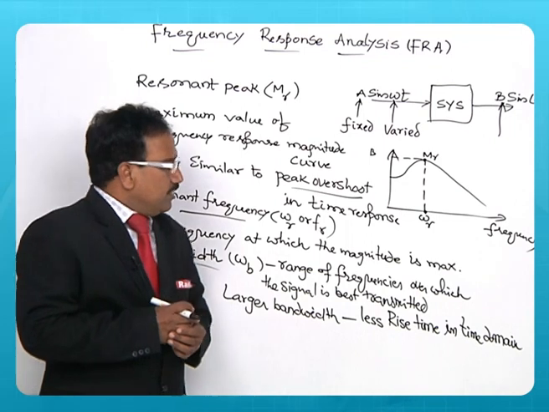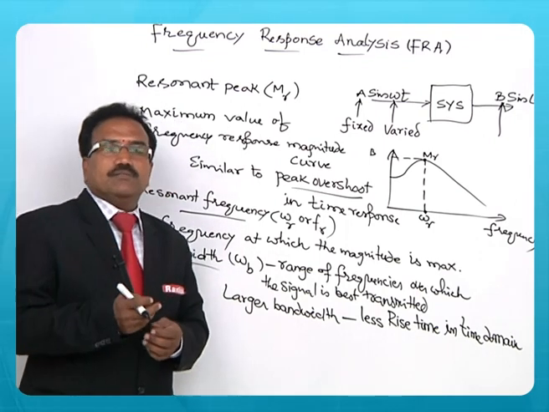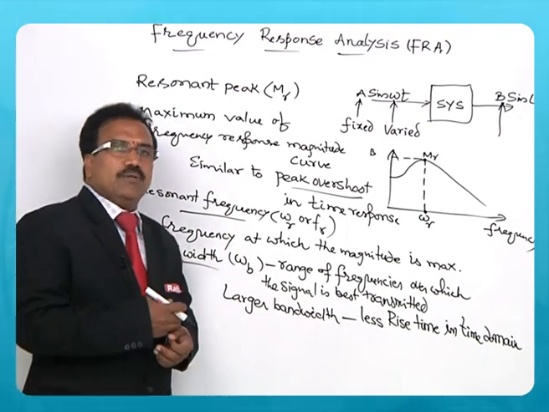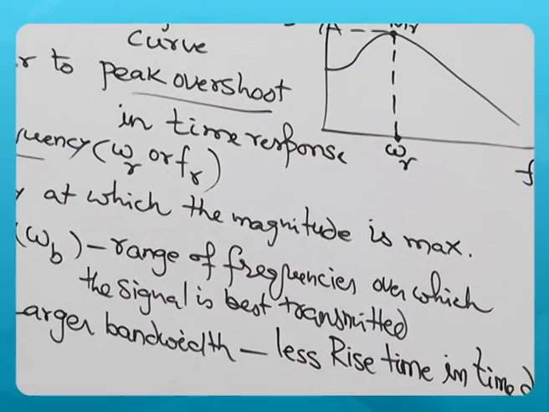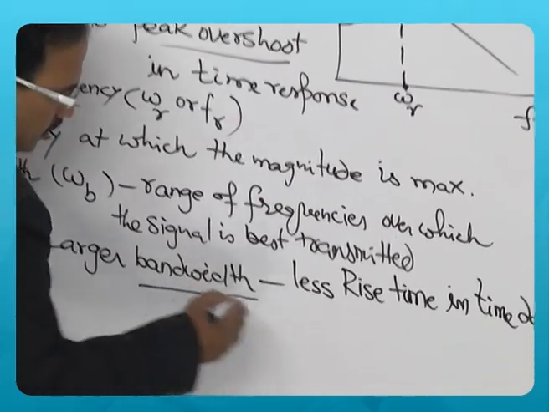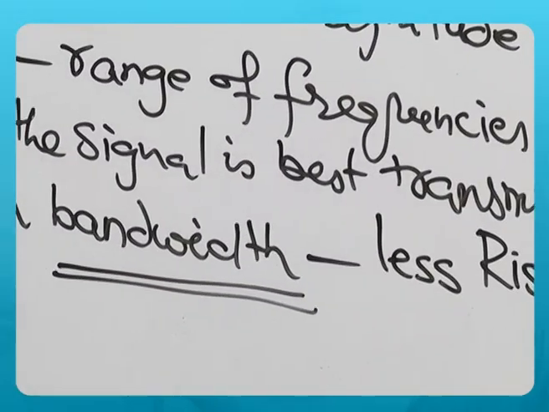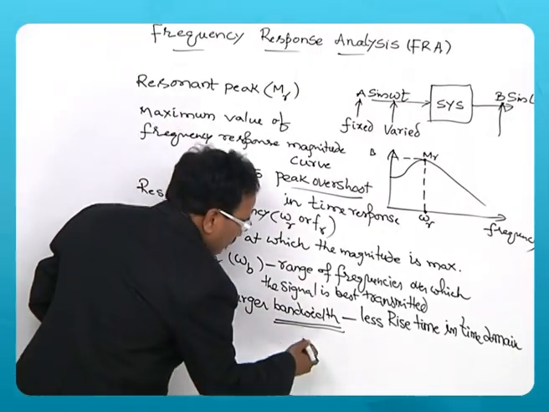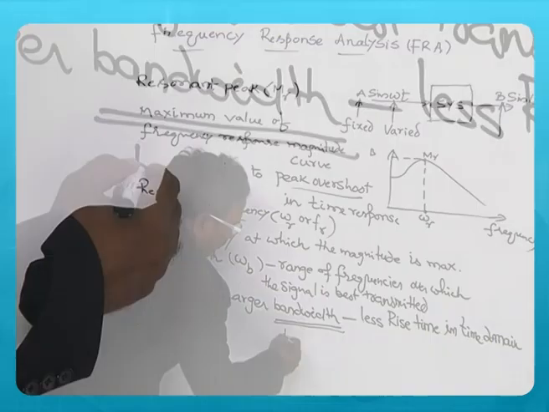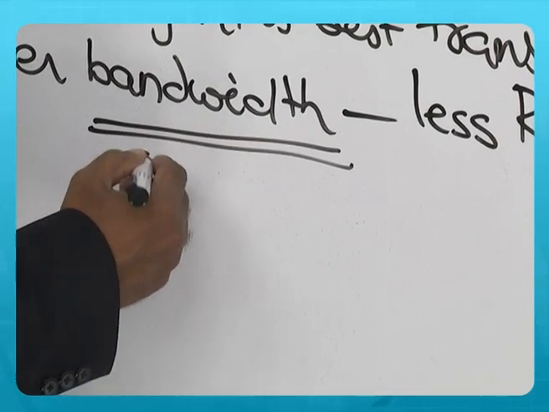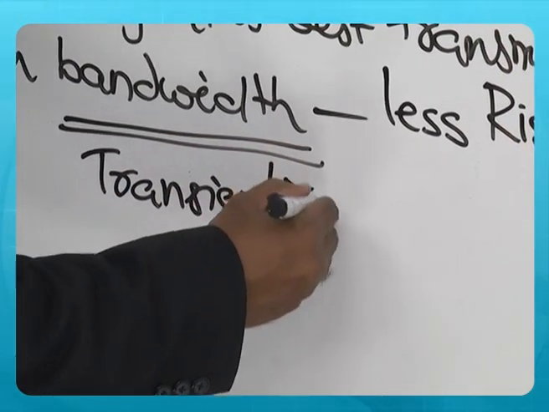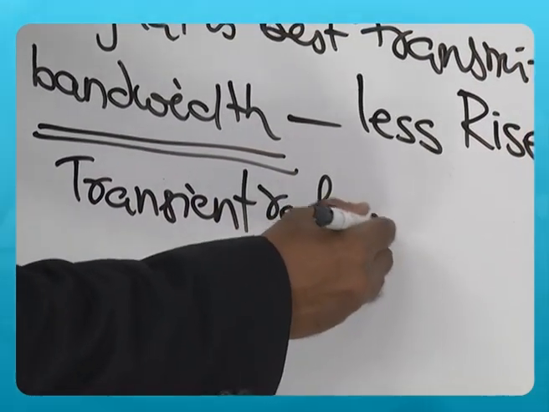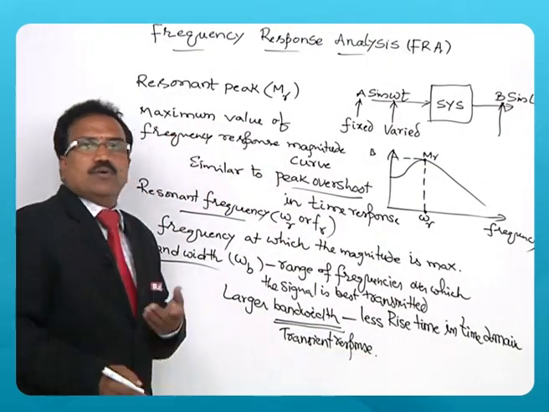So that way less rise time is a good indication in time domain, and larger bandwidth is a good indication in frequency domain. So larger bandwidth always gives improvement in transient response and also more stability.